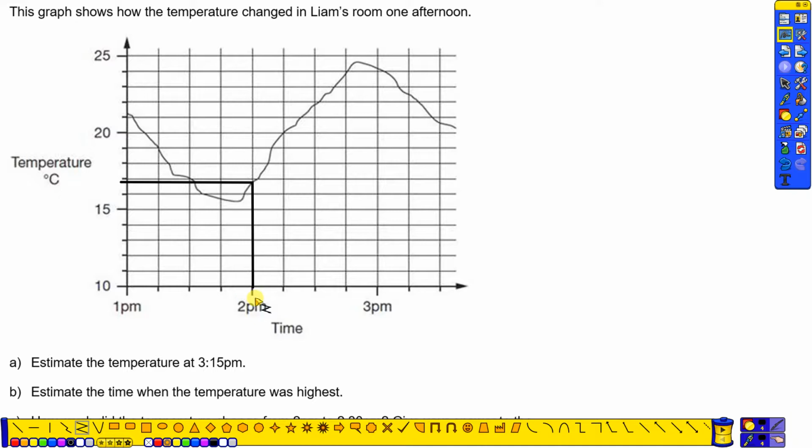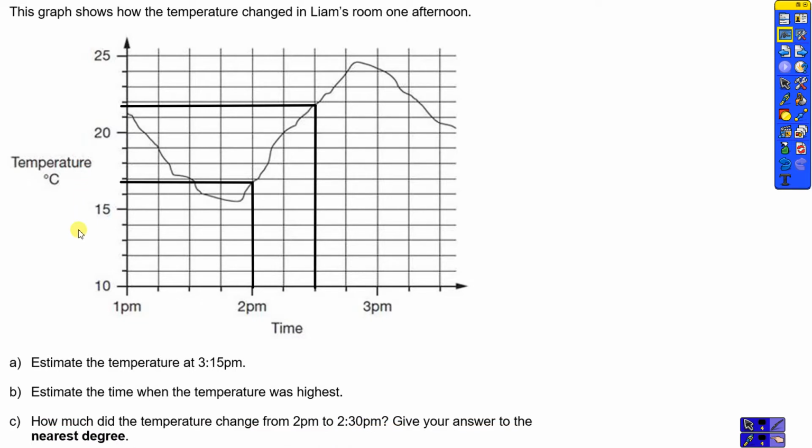Then we need to find the temperature at 2:30, so halfway between 2 p.m. and 3 p.m., which is just under 22 degrees. And now we need to find the difference, so 22 minus 17 is 5, so the temperature changed by 5 degrees.